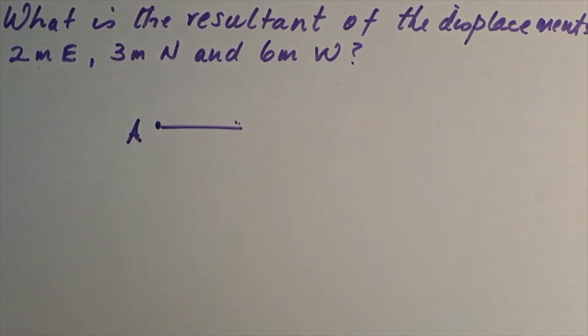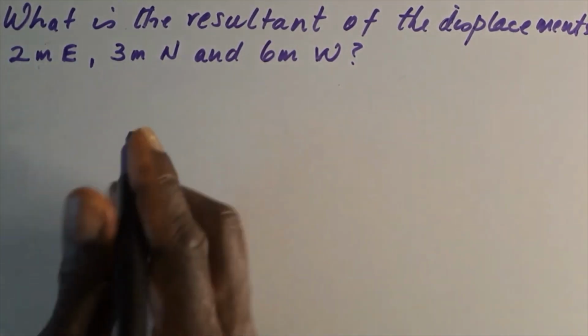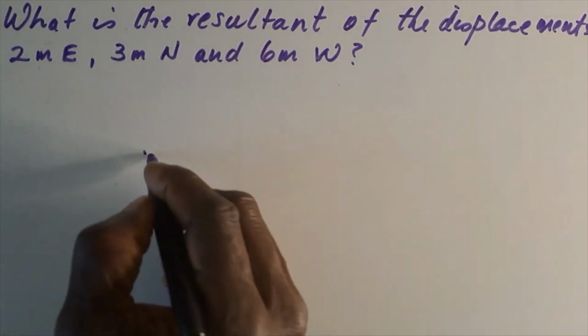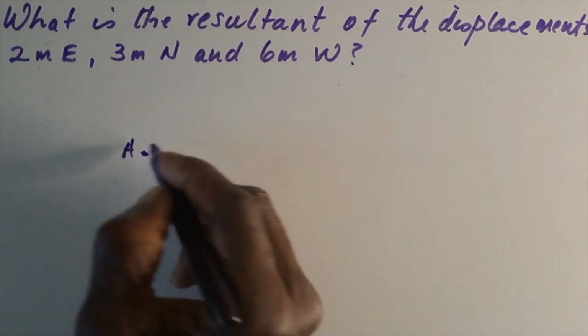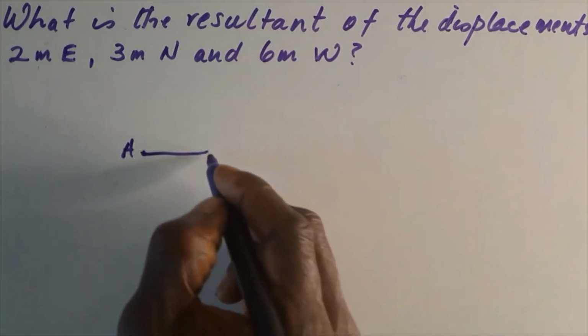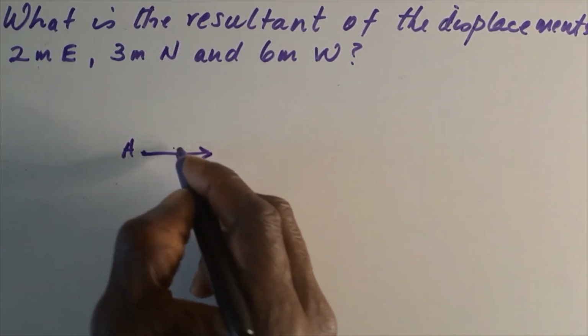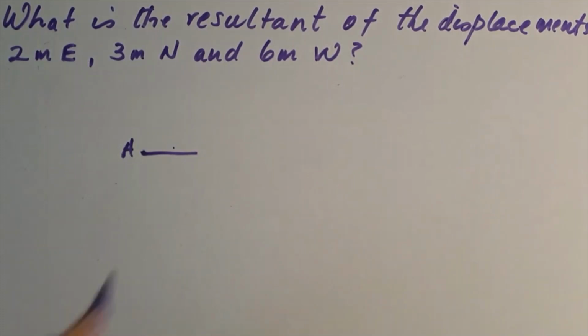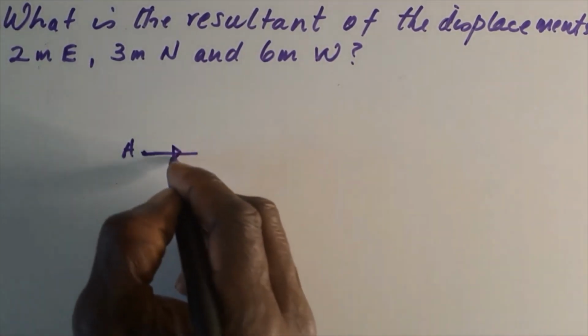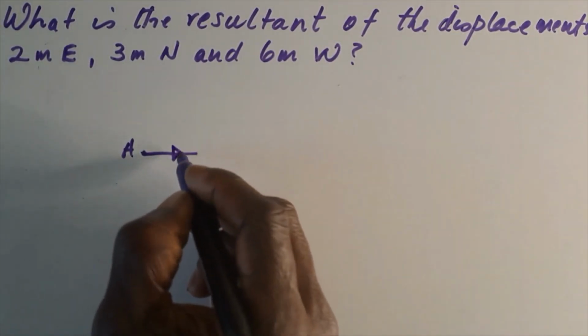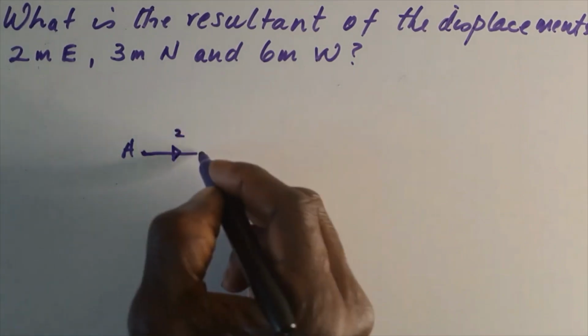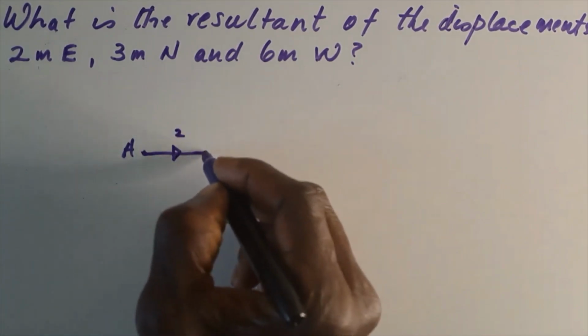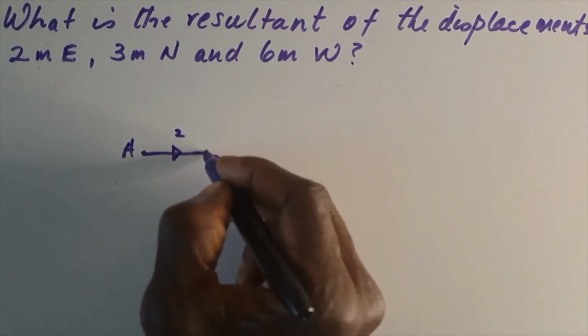Let's make this a little shorter and a little further down here. So this is A. We have 2 meters displacement vector, and we have 2 meters going east, and that goes to B.